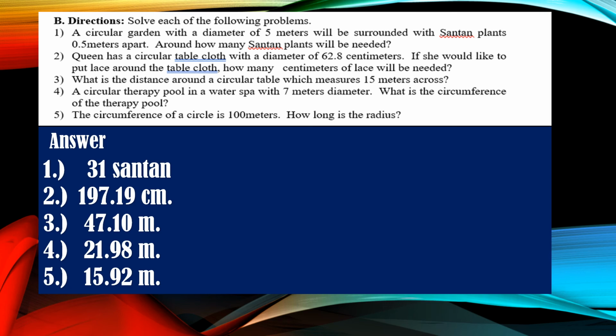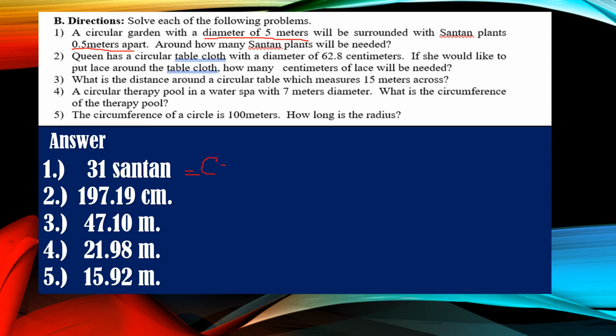Now, we have letter B in the assessment. Solve the following problem. So, a circular garden with a diameter of 5 meters will be surrounded with the santan plants of 0.5 meter apart. Around how many santan flowers will be needed? Okay. If the diameter is given, the formula is what?